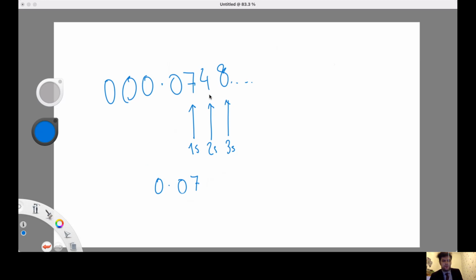How do we round this? Do we round 8 up or down? We'd round it up. So this actually becomes a 5. It becomes 0.075 because the 8 rounds up. So it's just your normal rounding, but rather than rounding to the nearest 10, the nearest 100, we're rounding to the next significant figure. Okay.